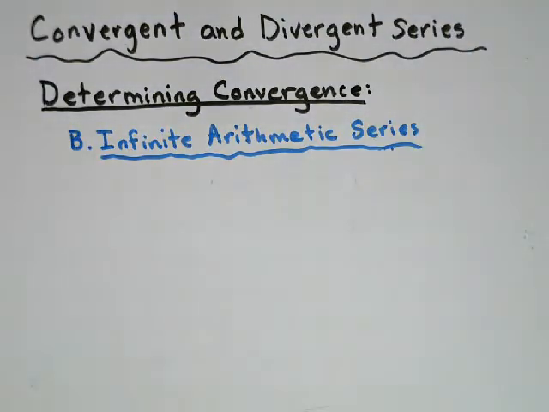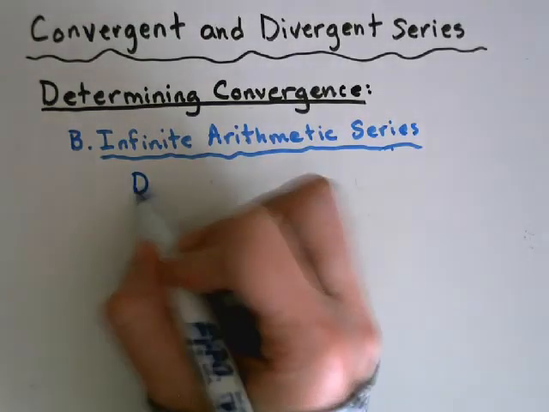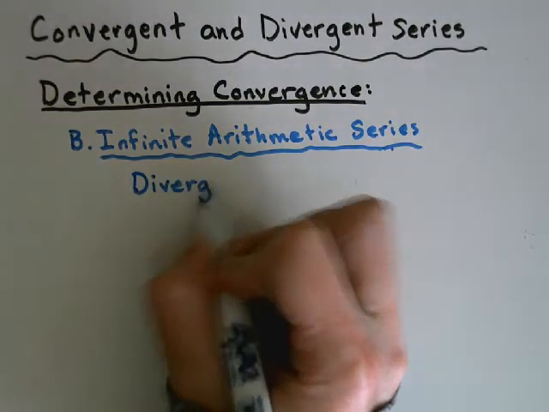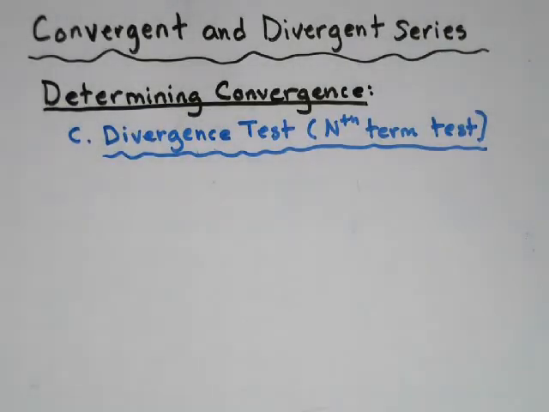Next, if we have an infinite arithmetic series, like I already said, by definition, you are continuing to add or subtract the same number over and over. So the terms are either going to get infinitely big or they're going to get infinitely negative, which means if you're going to add those together, you cannot find a sum. So an arithmetic series is always divergent.